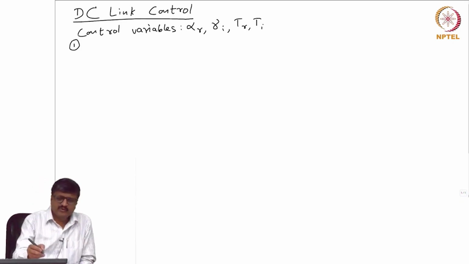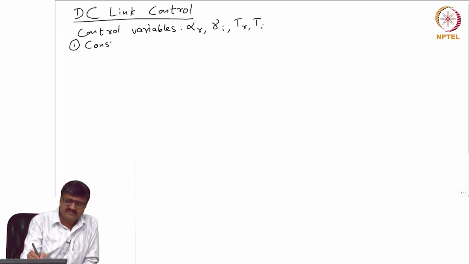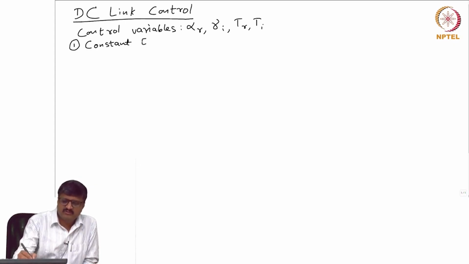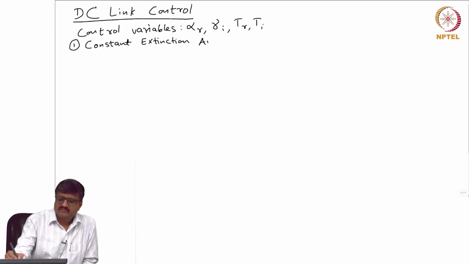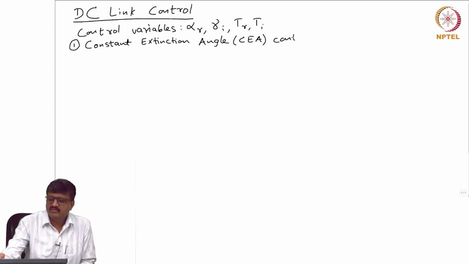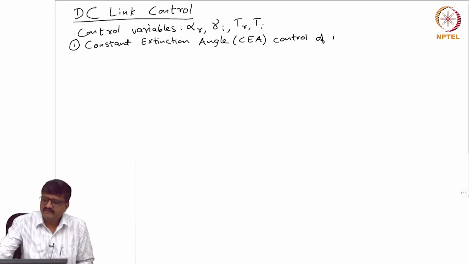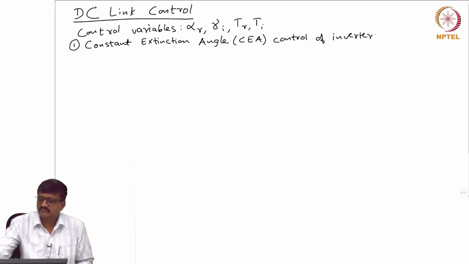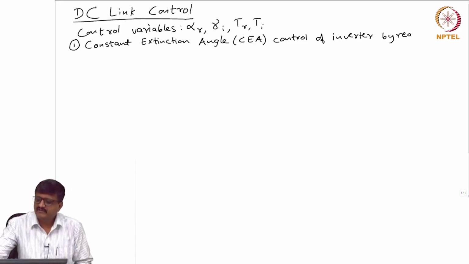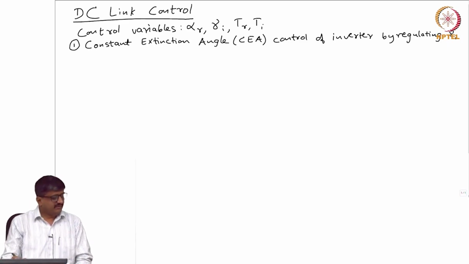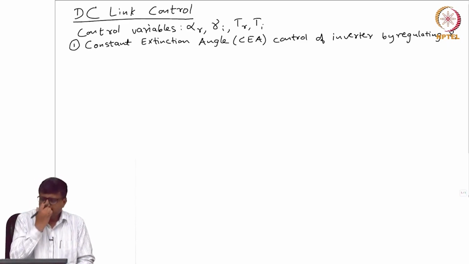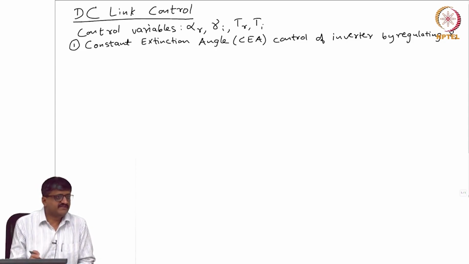We do what is known as constant extinction angle control, CEA control, of the inverter, by regulating gamma I. So, gamma I is kept constant so that it does not go below that value. The intention is to see that we have a minimum commutation margin angle for the inverter.